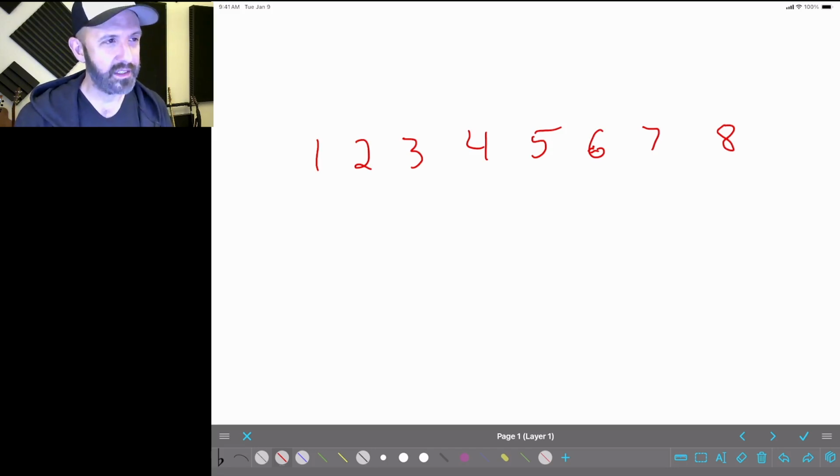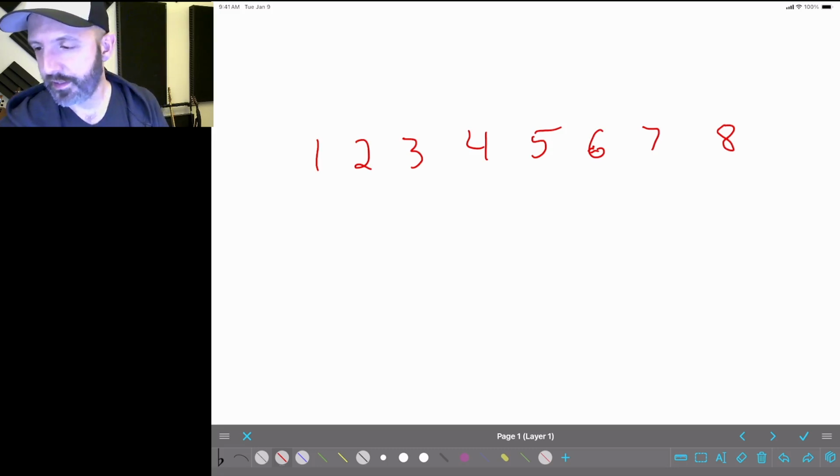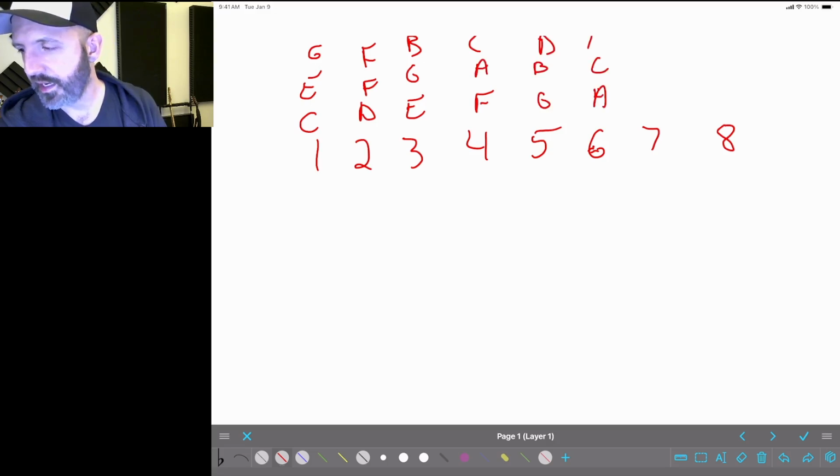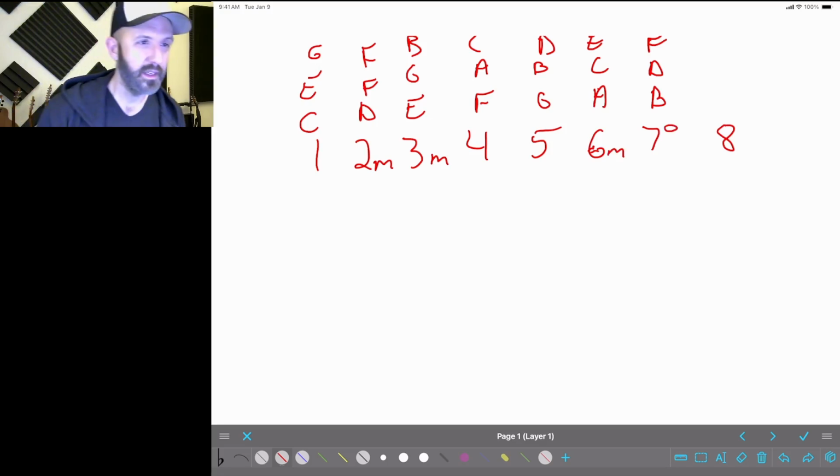If I were to stack thirds, like C, E, G, and then keep going in the key of C major, it would look like this: F, A, C, G, B, D, A, C, E, B, D, F. So the 1 is major, 2 and 3 are minor, 4 and 5 are major, 6 is minor, and 7 is diminished.